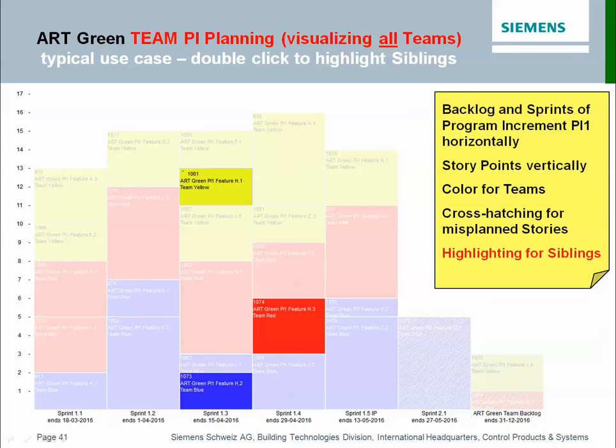For example, here we have the team yellow and blue. They can work concurrent in the same sprint. On the other hand, team red seems to have a dependency. So at first, we have to make sure that the team yellow and the team blue implement their story, and then the team red can start with their activities.